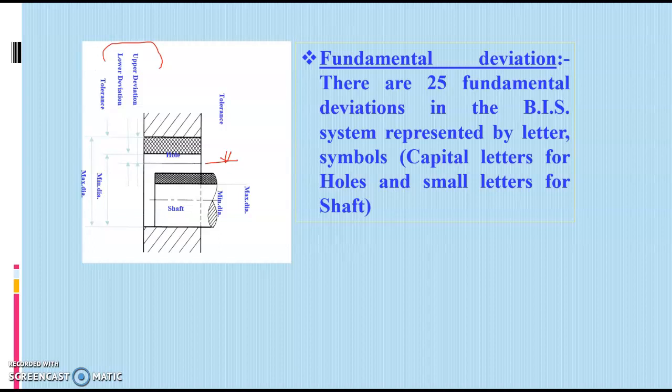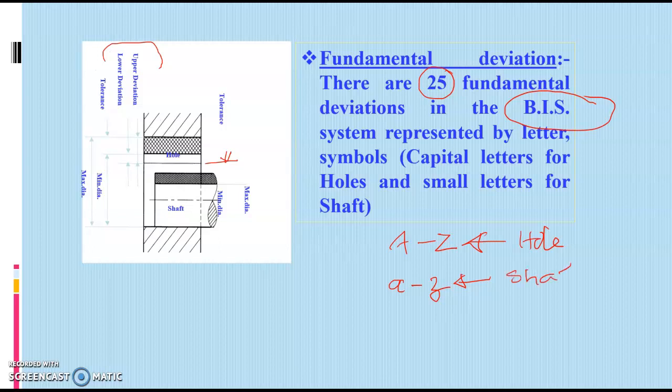According to Bureau of Indian Standards, that is BIS, there are 25 fundamental deviations, and each fundamental deviation is represented using English alphabets from A to Z. We use the capital letters A to Z for representing the fundamental deviation of holes, and the small a to z is used to represent the fundamental deviation of shafts.